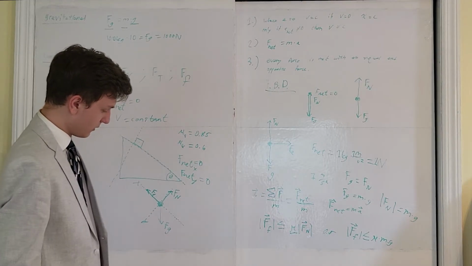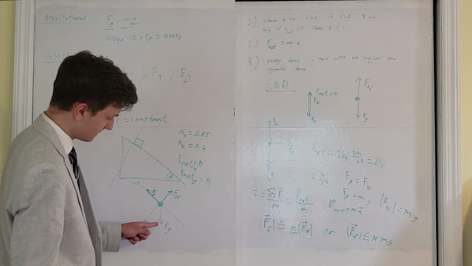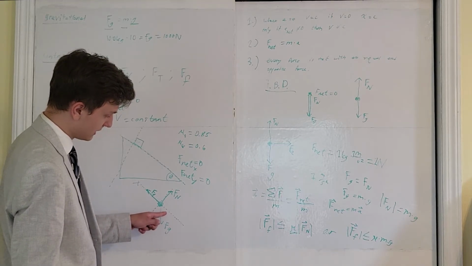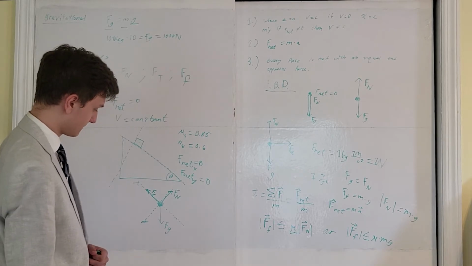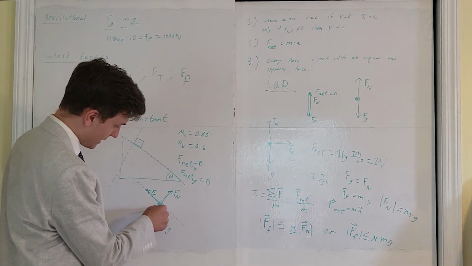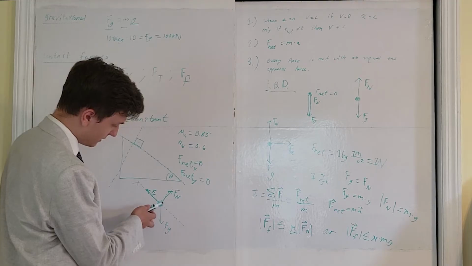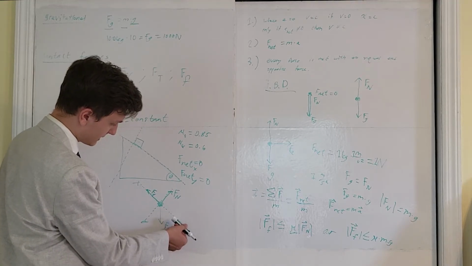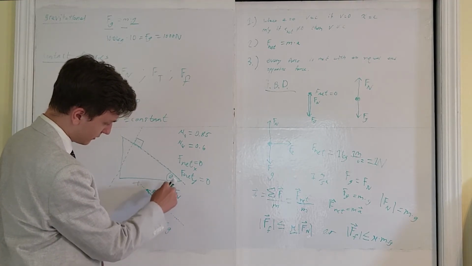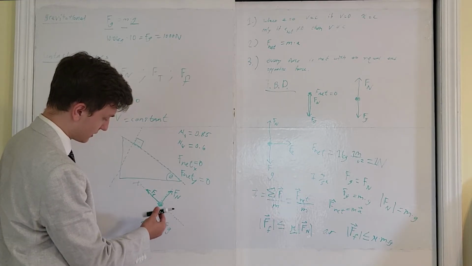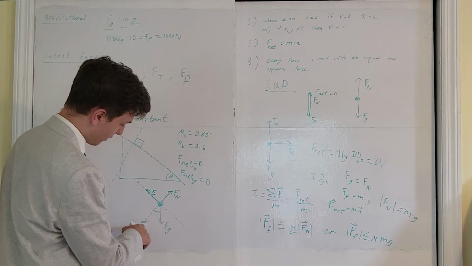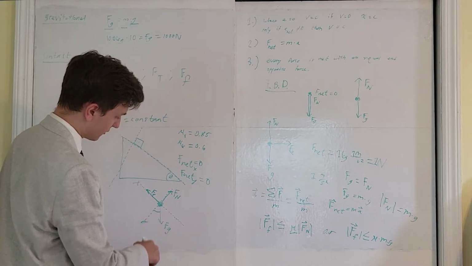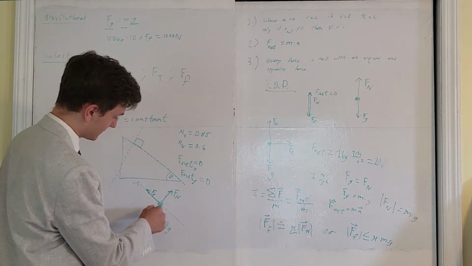Remember what I said before? Whenever we have a vector that is not collinear with one of our coordinate axes, we can resolve it into components. The force of gravity has a component that is collinear with the x-axis and a component that is collinear with the y-axis, pointing in those directions. This angle here between our y-axis and our gravitational force is theta.